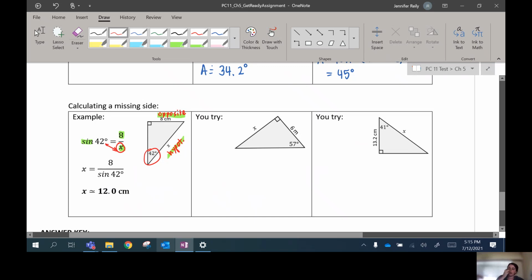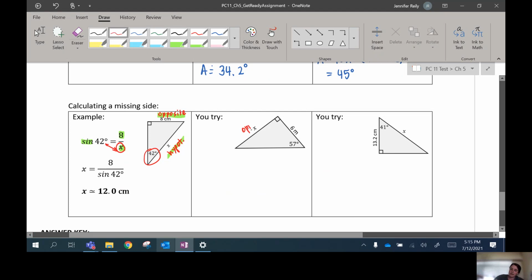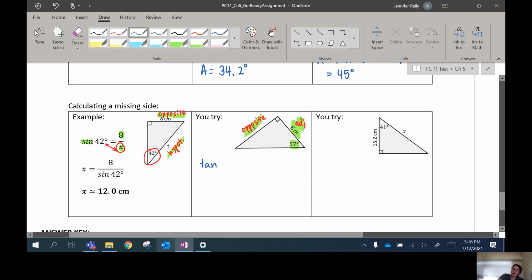Let's try this. You could pause the video here and try it on your own, or you can do it with me. Labeling first, this is the opposite side. This is the adjacent side. If I'm talking about that angle, I want to use tan here, because tan of 57 would be opposite over adjacent, so x over 6.